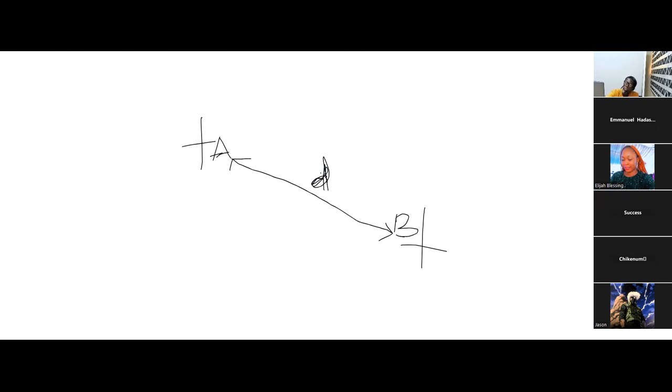Let's say our Mr. Q here leaves this place and comes to this point here, to point B here.